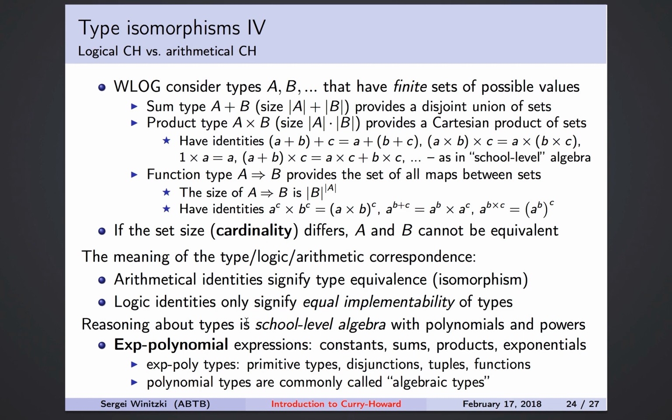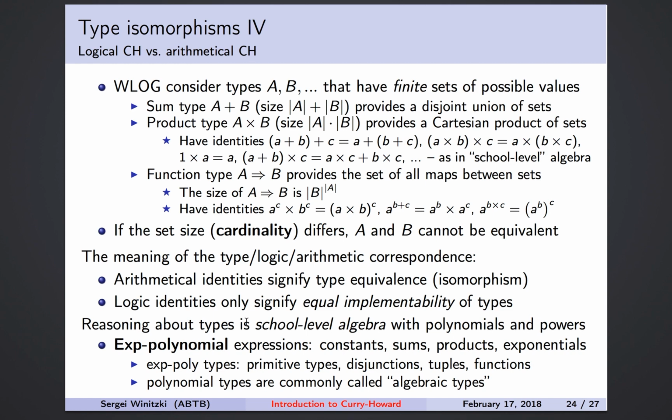To see how it works, let's consider only the types, without loss of generality, that have a finite set of possible values. For example, a Boolean type has only two possible values, true and false. Integer, let's say in the computers, all the integers are finite, so those types have a finite set of possible values.